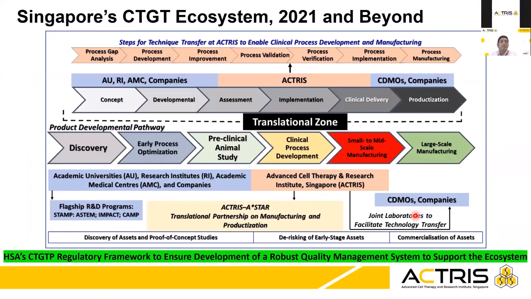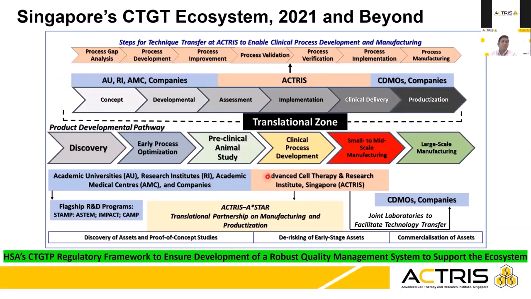Last but not least, this is a slide that we put together for ACTRIS in most of our roadshows, talks and presentations, to show how, with the introduction of ACTRIS and this entire ecosystem, we are going to interact in developing products from an early stage of discovery all the way to large-scale manufacturing for local, regional, and global distribution. There are various partners who play various roles in this product developmental pathway: academic universities, research institutes, and medical centers focusing on discovery, going all the way up to preclinical animal studies.